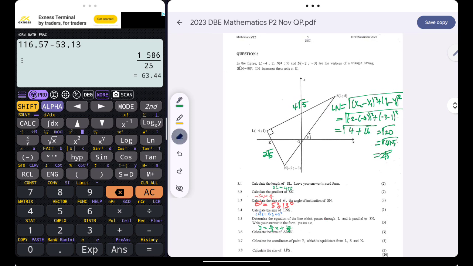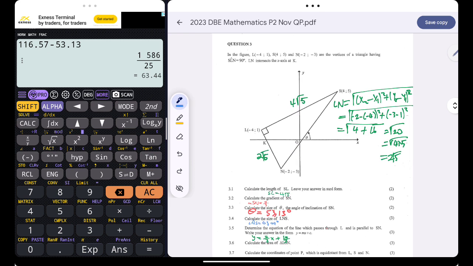So for me to find the area of the triangle, let me write here, let me not erase there. The area of triangle LSN is equal to 1 over 2, it's half base times height. In this case, our base is LN and our height is SL.